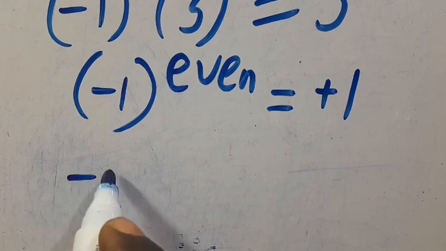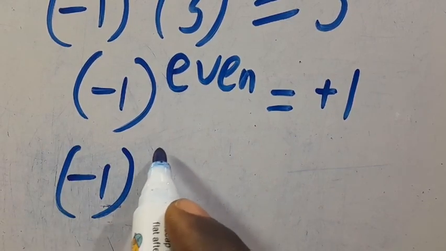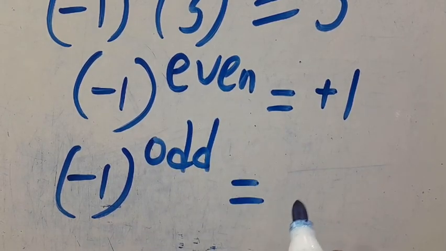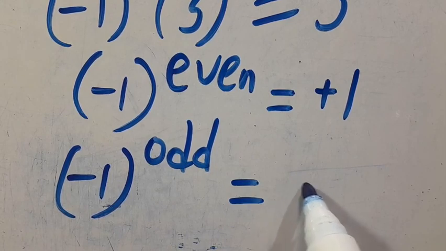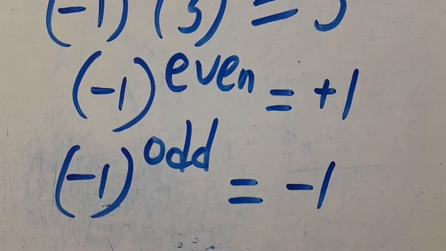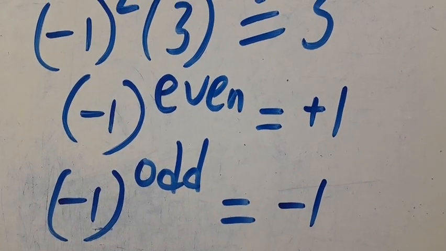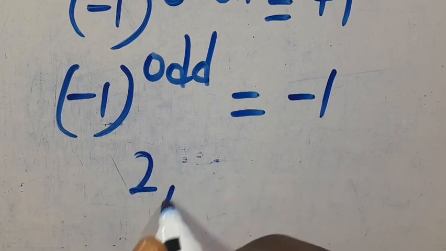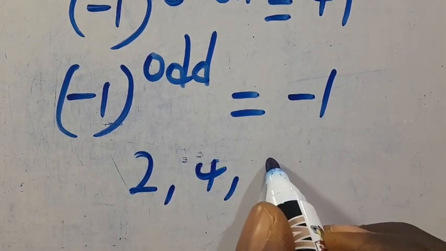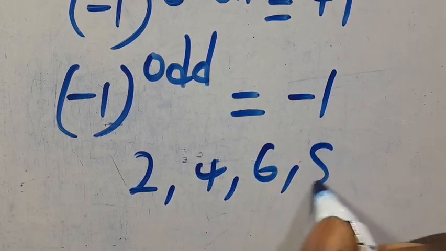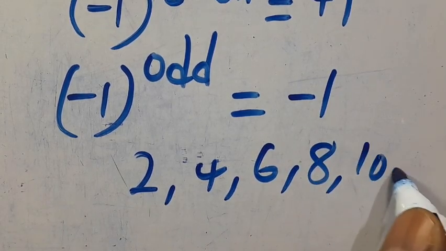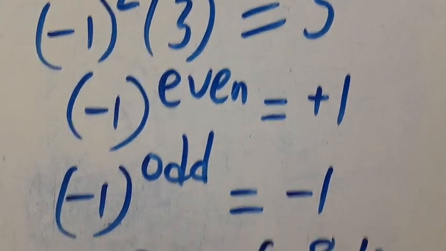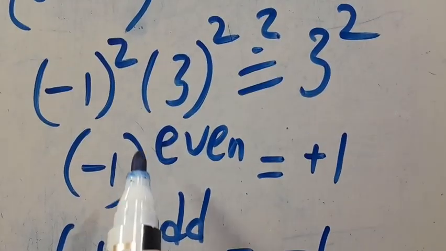But when you have minus 1 to the power of odd, the output will always be minus 1. And from here, we have our even numbers starting from 2, 4, 6, 8, 10. Now, from here, we have 2 to be our even, which is this one.